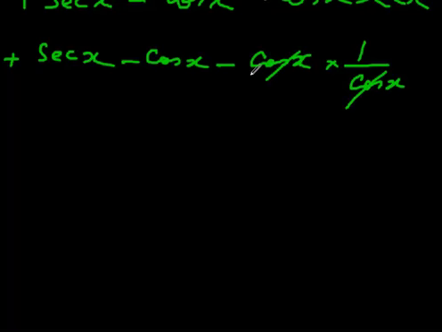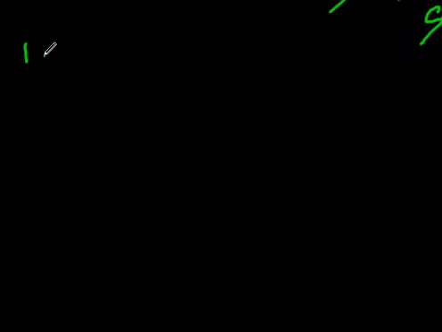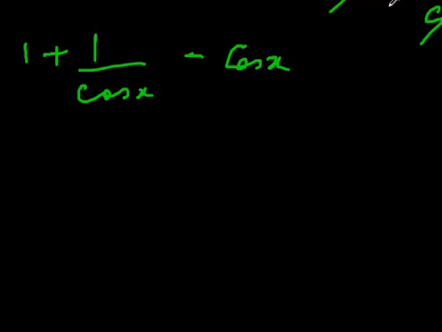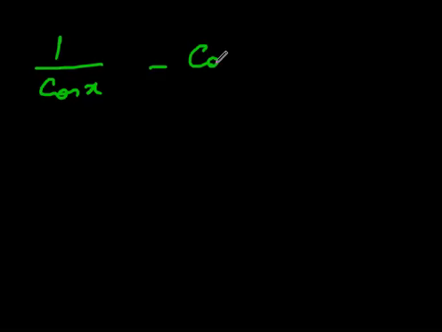That cancels out, so I get 1 plus, let me call sec x as 1 over cos x, minus cos x, and that is minus 1 now. Now 1 and minus 1 cancel out, so I'm left with 1 over cos x minus cos x.